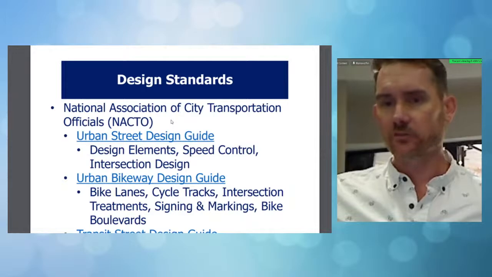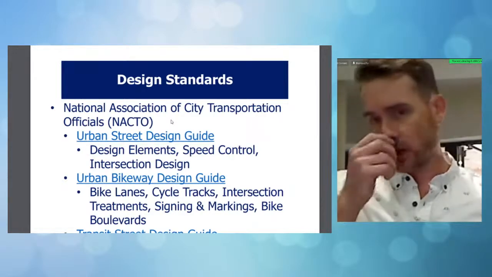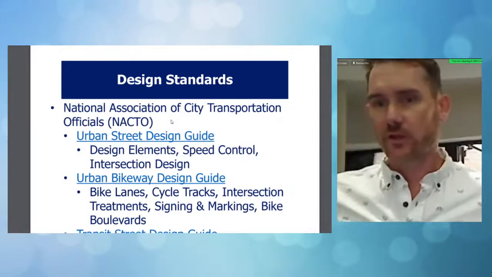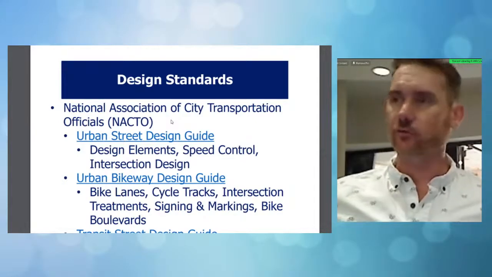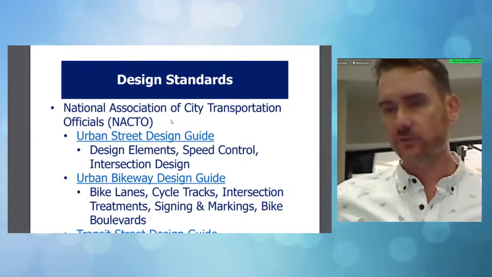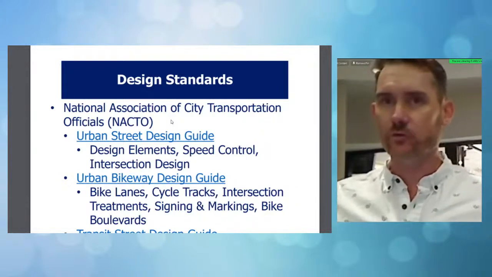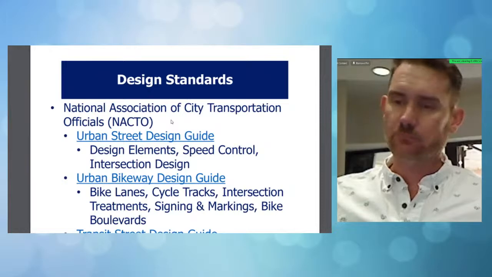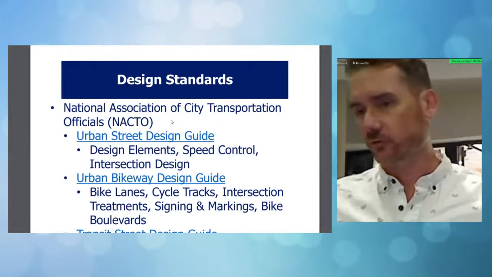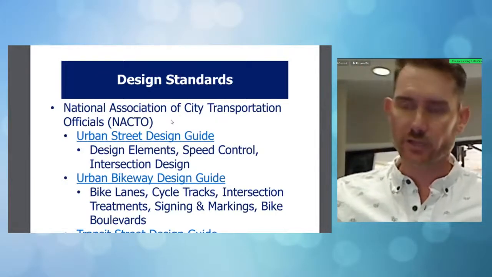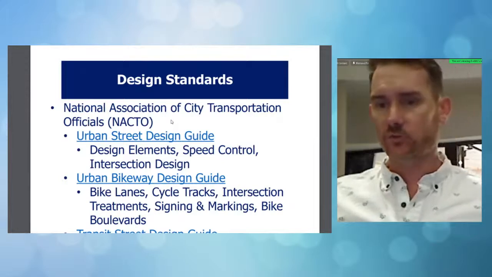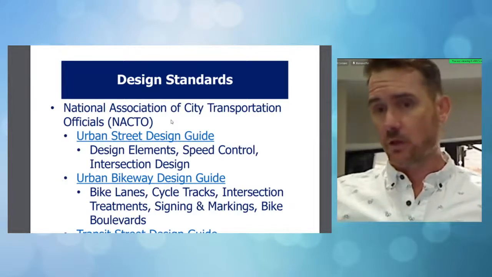They have several different guides. The Urban Street Design Guide speaks to different design elements of streets, speed control, which is like traffic calming devices, whether it's a speed hump, raised crosswalk, chicanes, as well as intersection design.